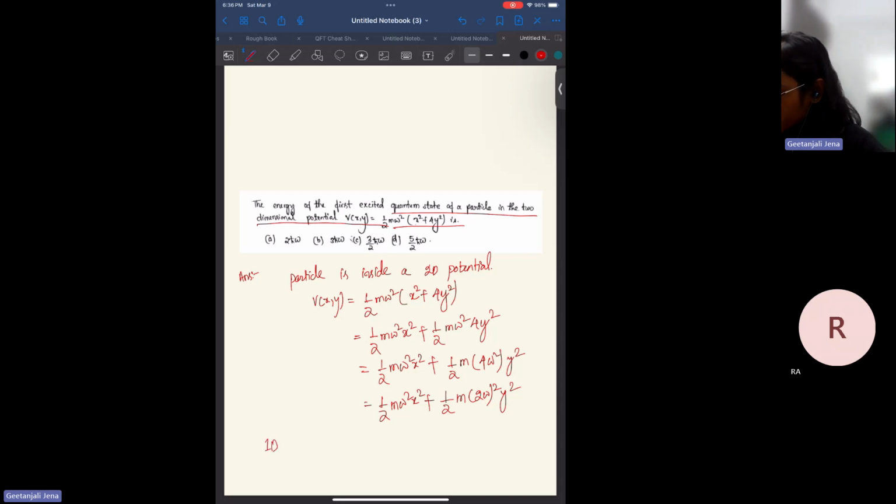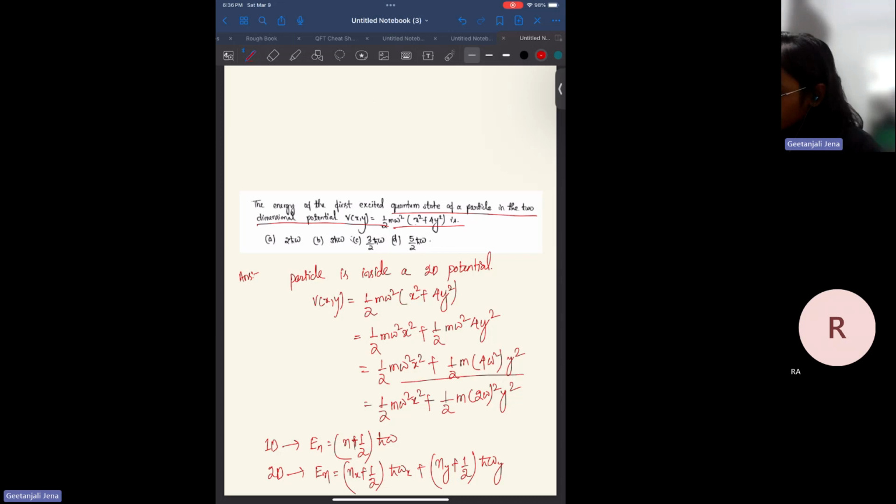For 1D, we know that the energy is n plus half h cut omega. For 2D, the energy eigenvalue can be written as nx plus half h cut omega x plus ny plus half h cut omega y.